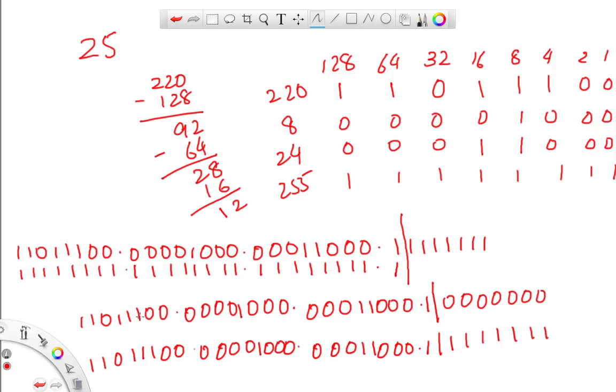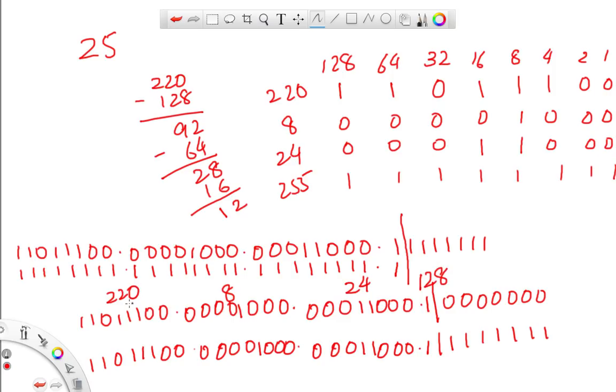So how much will the network address be? And as we said, the network address is also this first address, all right? This is your network address, where all the host bits are 0. So in this case, we're having 220.8.24.128.